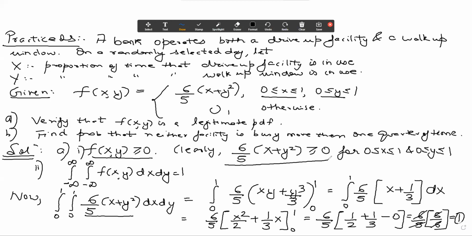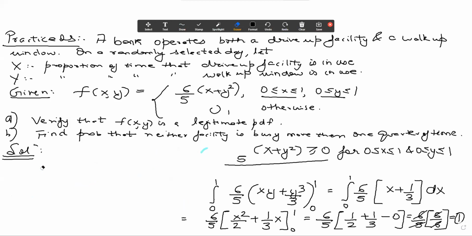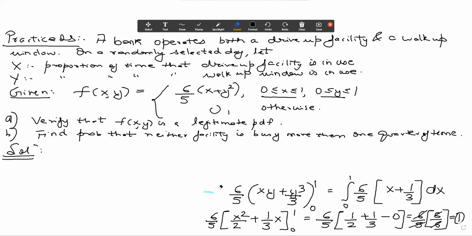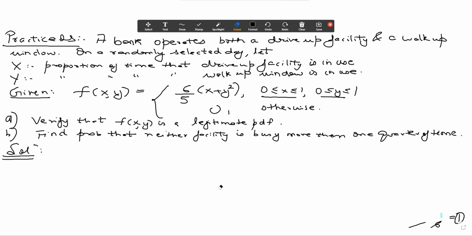Now, let us answer the second part. The second part is asking us to find the probability that neither facility is busy more than 1/4 of the time. So what are they asking us to calculate?